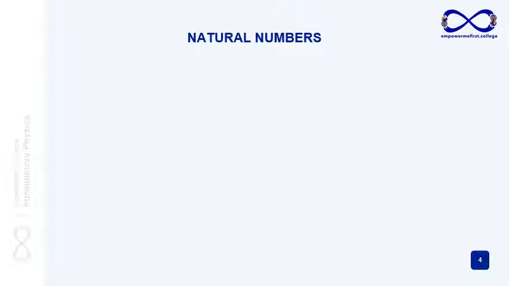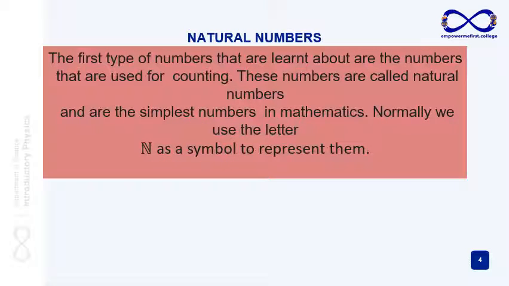So when we are looking at our second lesson, we will look at natural numbers. Of course, you have to ask yourself, what is a natural number? The first type of numbers that are learned about are the numbers used for counting, and these are called natural numbers. They are the simplest numbers in mathematics, and normally we use the letter N as a symbol to represent them.